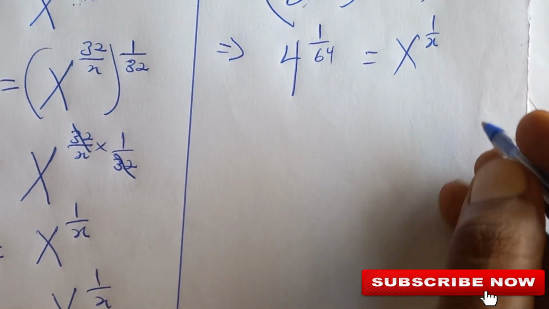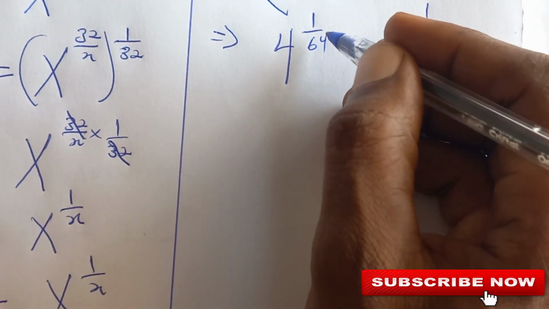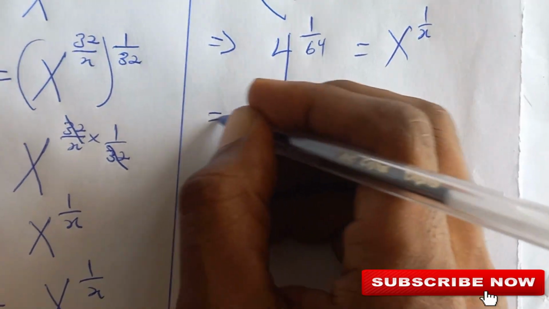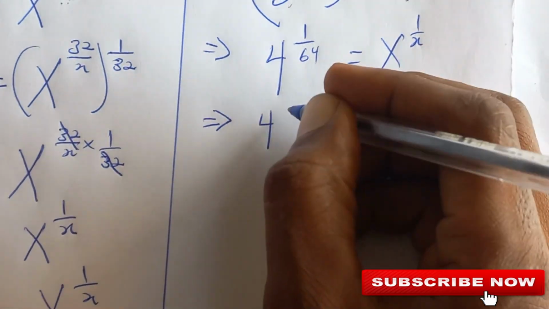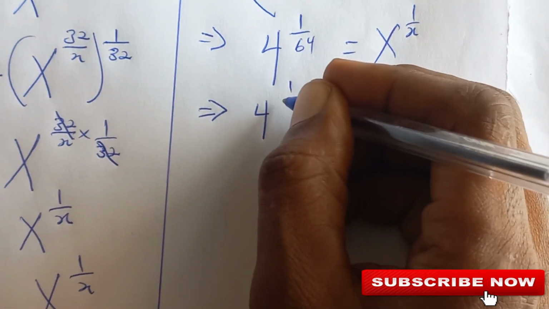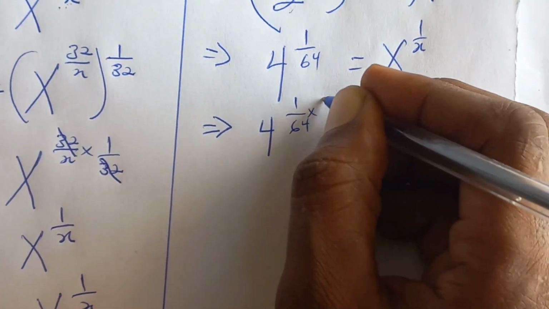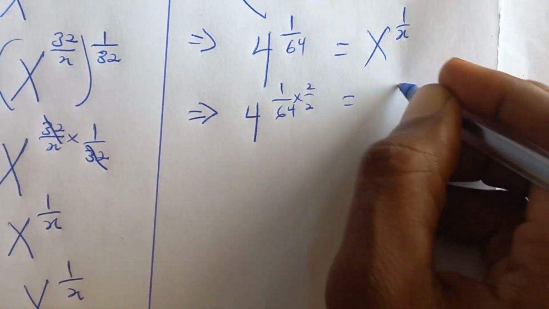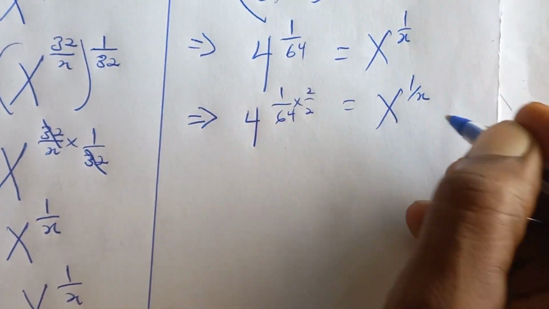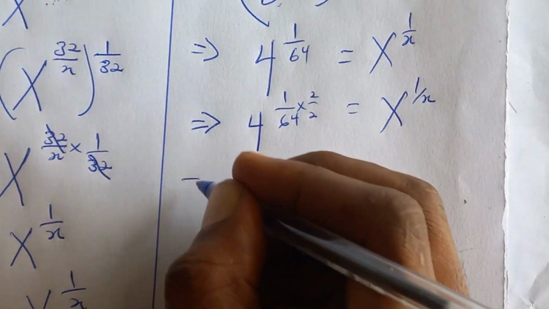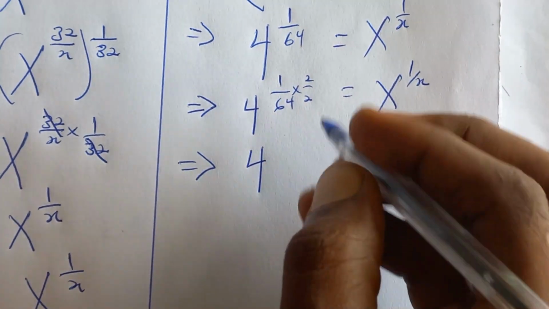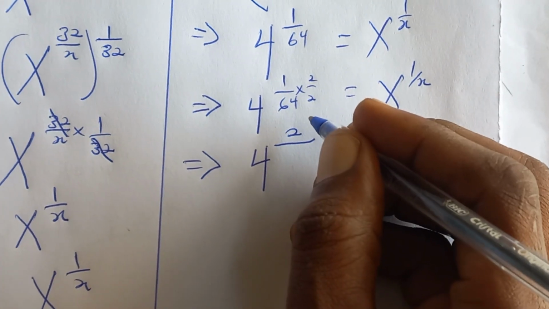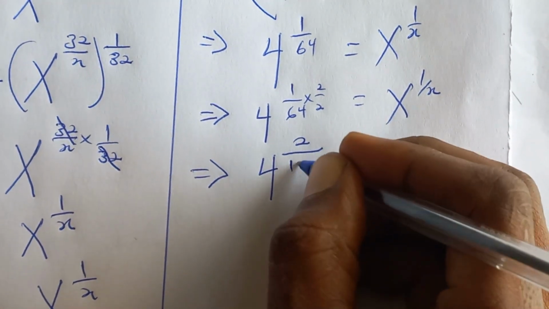We can also multiply the powers by 2 on 2. So we get 4 exponent 1 on 64 multiplied by 2 on 2, which is equal to x exponent 1 on x. So I'm going to get 4 exponent 2 on 128, since 64 times 2 is 128.